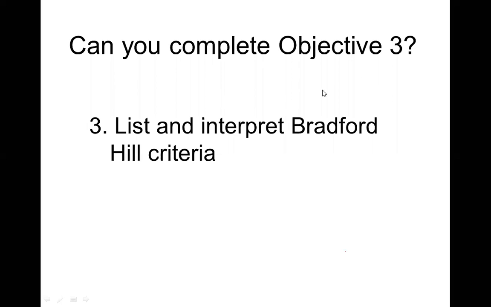Okay, so anyway, I just want to make sure that you can list and interpret the Bradford Hill criteria. Maybe apply it to something like QT interval and any of your antipsychotics or antidepressants that are associated with QT interval, or the example I gave you before with SSRIs and bone density.